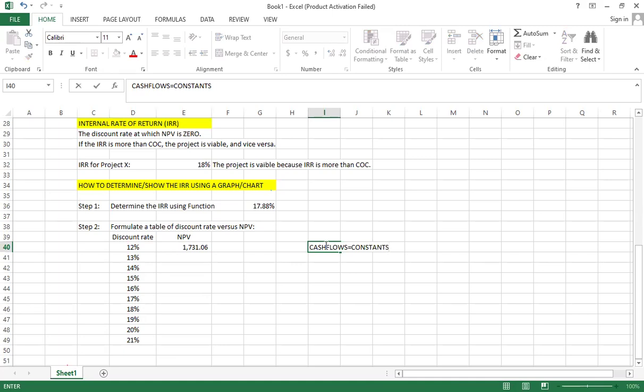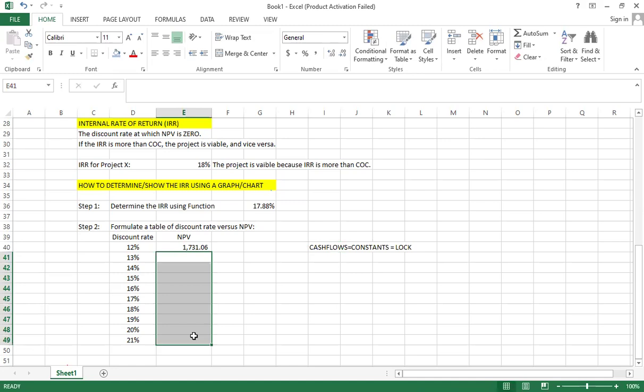When they are constants and we maintain them between the percentages, then to drag the formula in Excel, we must do what we call locking them. So in the formula for the first one, we must lock the cash flows so that they remain constants. How do we lock them?